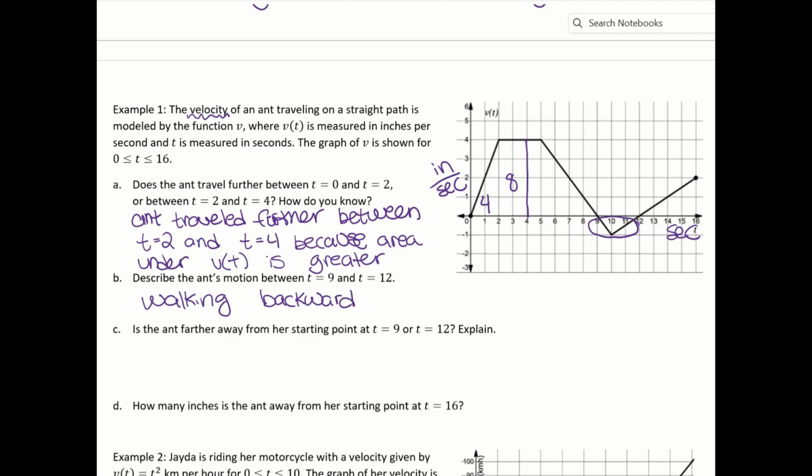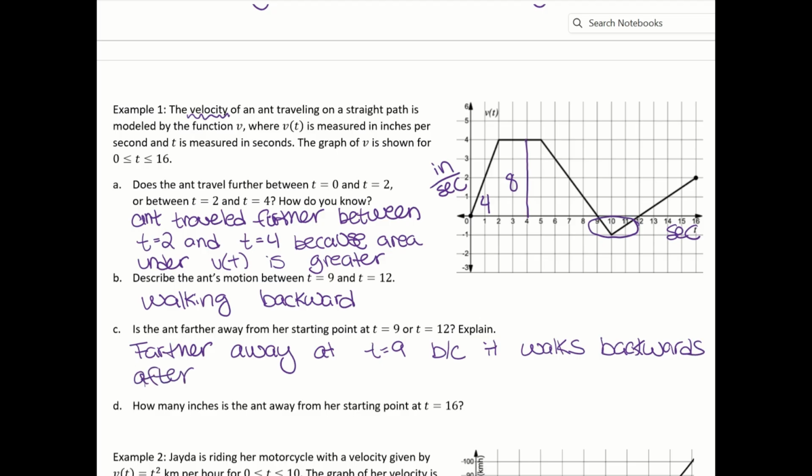Is the ant farther away from her starting point at 9 or at 12? It's farther away at t equals 9, because it walks backwards after that, which gets it closer to the starting point.